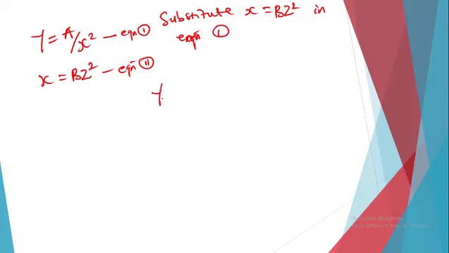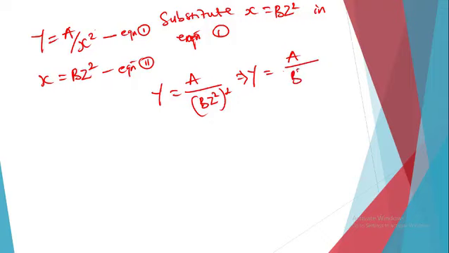So in our equation 1, y is equal to a over x squared, and x is equal to bz squared. So because of the power here, we still add 2. Y will then be equal to a all over, open this bracket, b squared z squared.